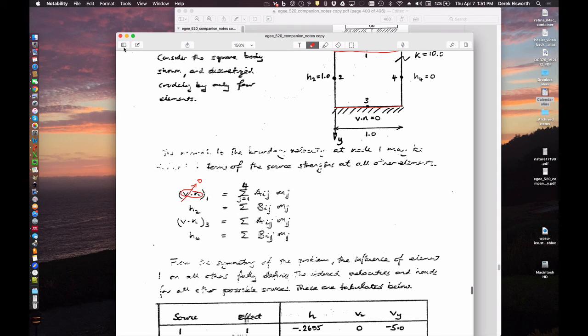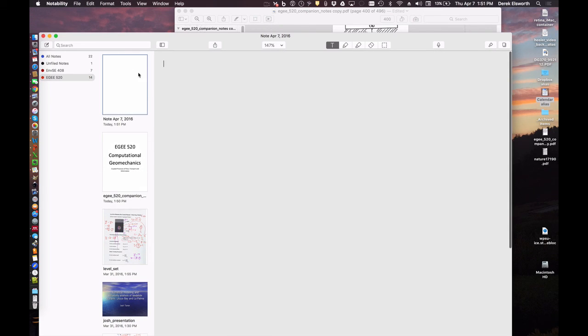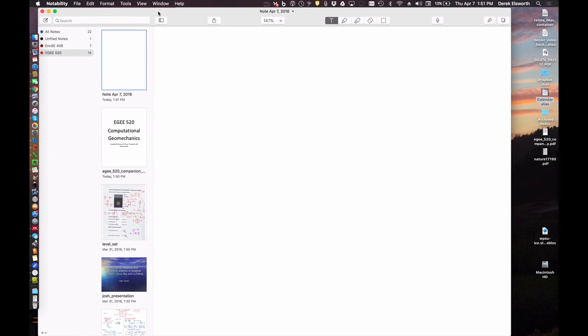And let's try doing this. Yeah, this. So this is the idea. We want to put together a system of equations that represent this.